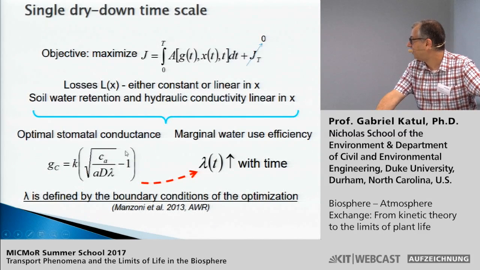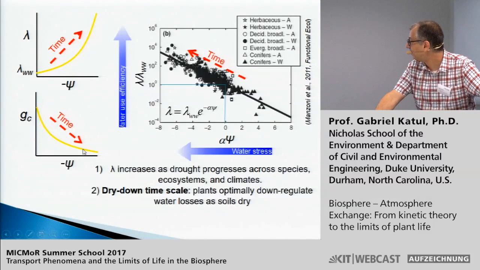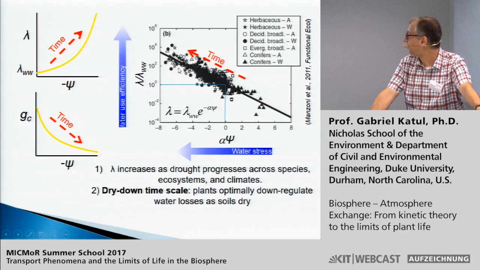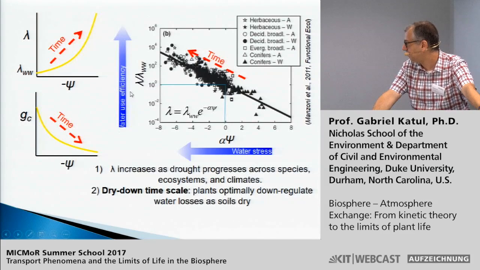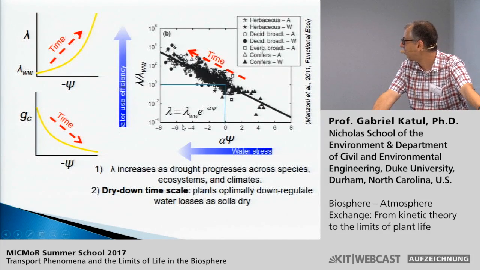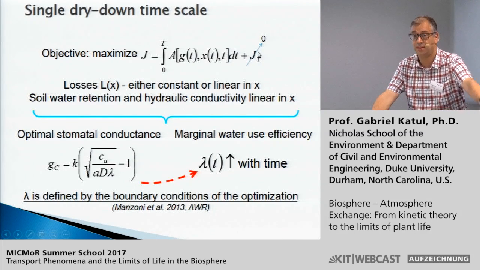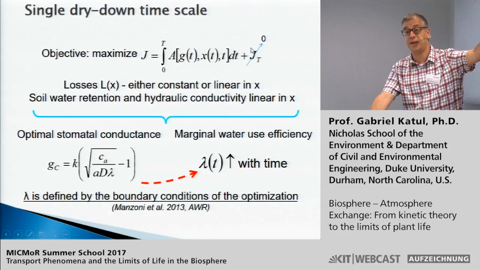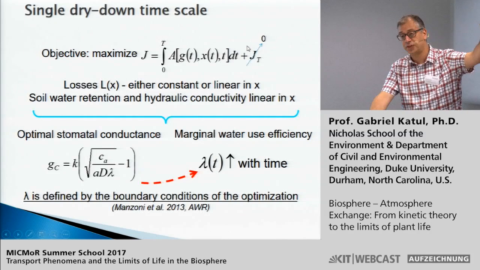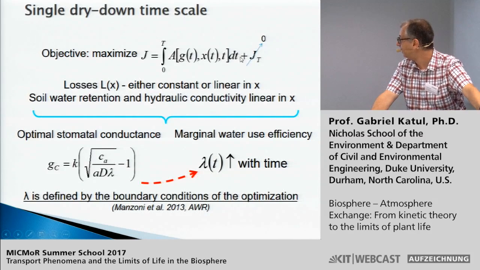But in this case, lambda is still a boundary condition on the optimization that needs to be specified, so you didn't gain yet much. However, what Stefano has shown is that you could still set different strategies for the terminal gain. So you could still specify different models that would vary with the state variable. So you could make g of t big or small as a function of soil moisture content that you leave at the end.